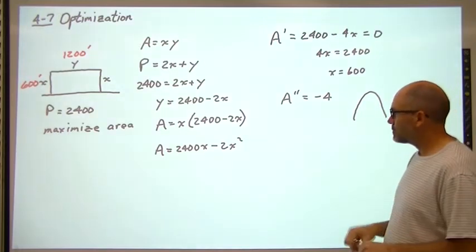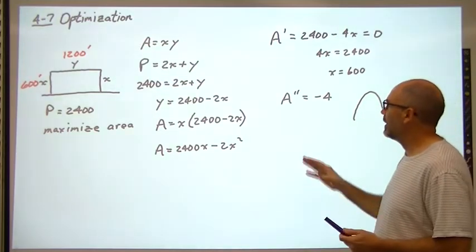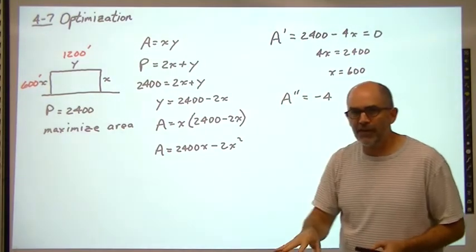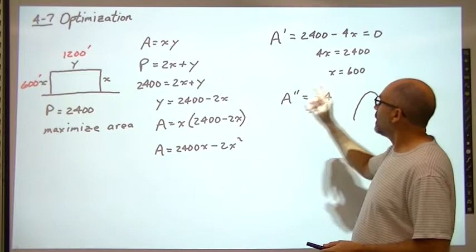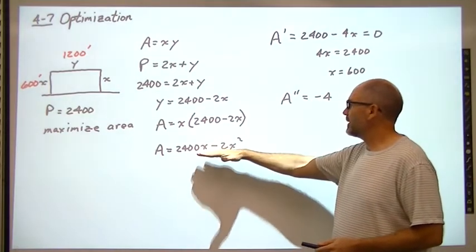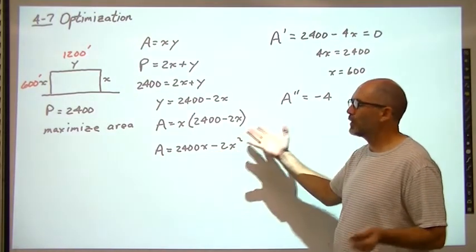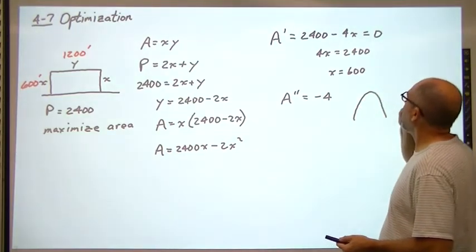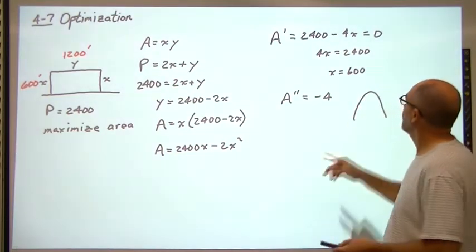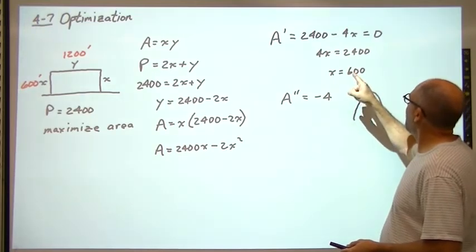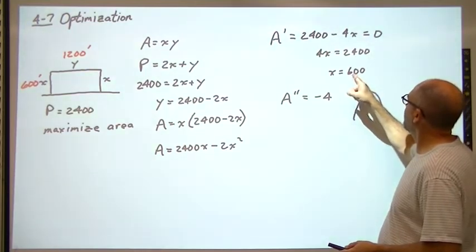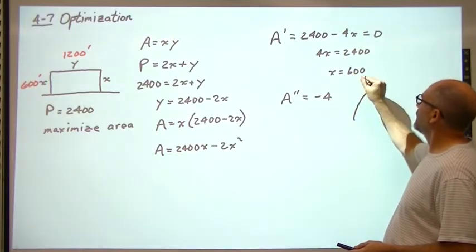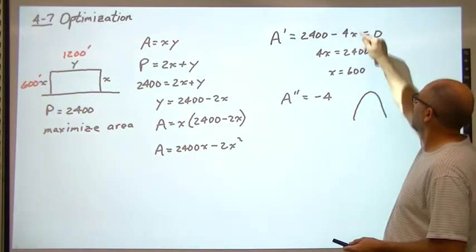Now, you can determine whether your quantity is a max, a min, or a point of inflection several ways. One way, knowing the function, it's a parabola opening downward, that tells you it's a max. Second way is I could do the first derivative test. So I take a value to the left of x equals 60, and I see if that's positive or negative.